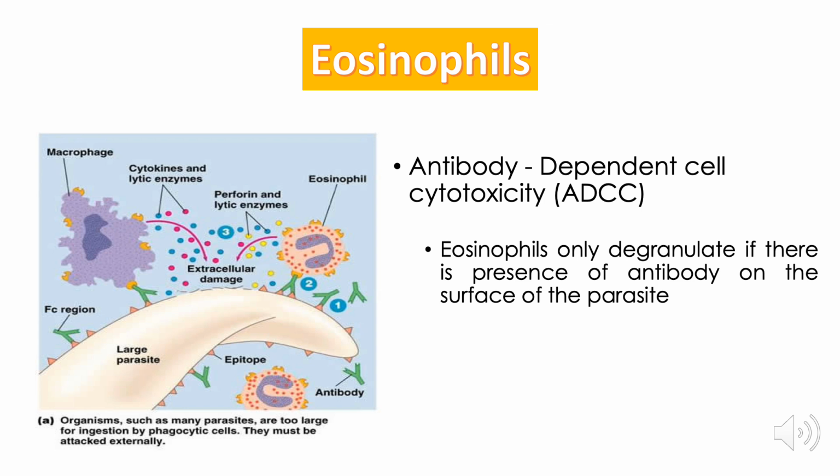ADCC stands for antibody-dependent cell cytotoxicity, because in the immune response, the eosinophil became toxic to the parasite because of its binding to the antibody. The entire process was initiated by the binding of eosinophil to the antibody. That's why this one is referred to as antibody-dependent cell cytotoxicity.